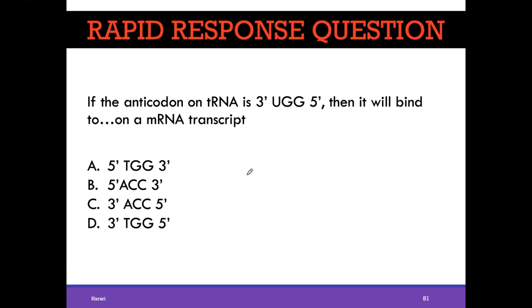So pause here, and the answer is B. If the tRNA looks like this, the UGG, that's like a weird tRNA molecule, and this is my amino acid that it's holding, then what can it recognize on the mRNA? Remember, mRNA is 5' to 3'. So here's my mRNA sequence. What is it going to recognize? It can only recognize 5' A, C, C. So the answer is B.